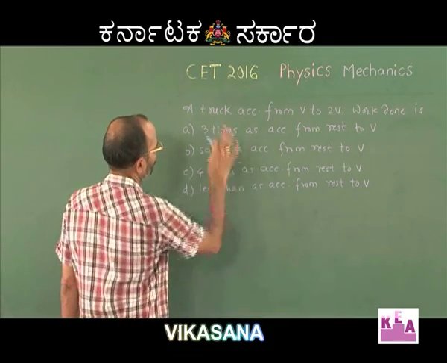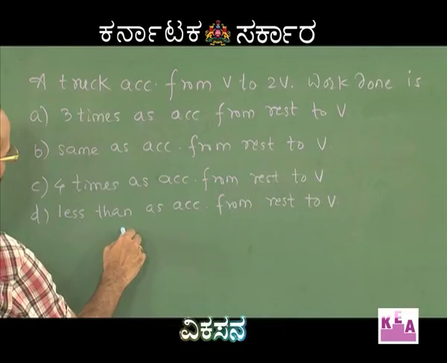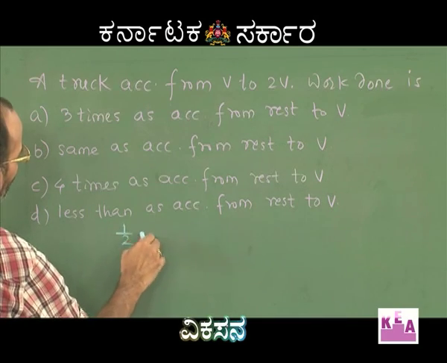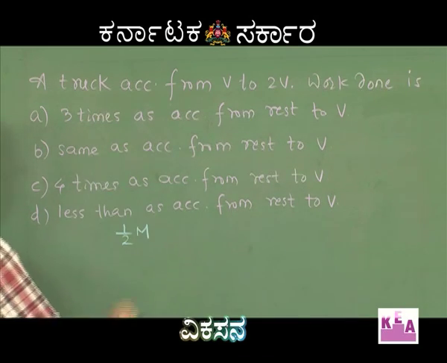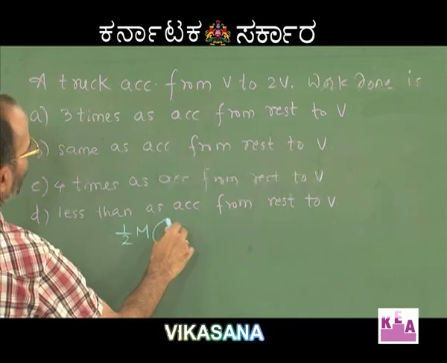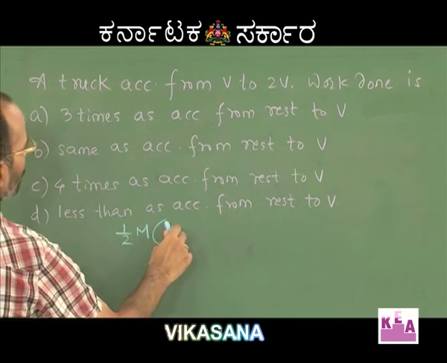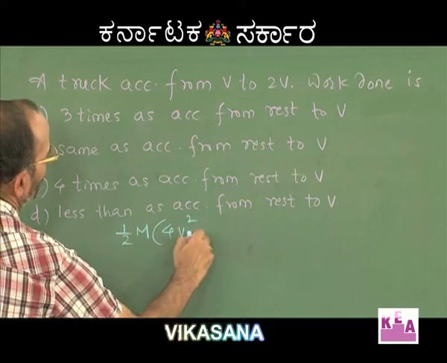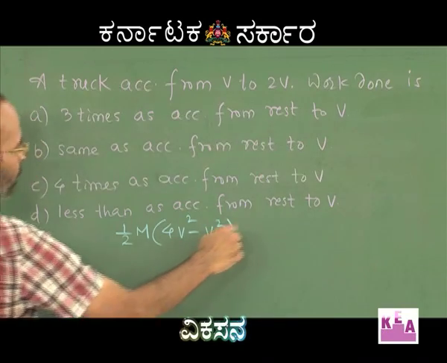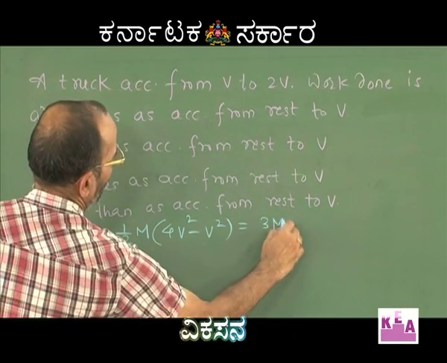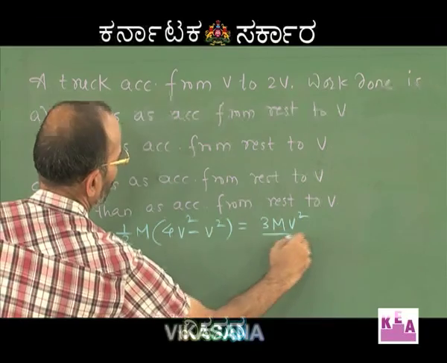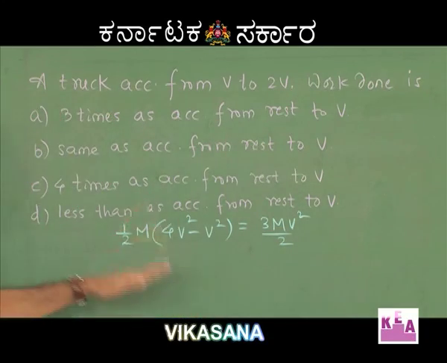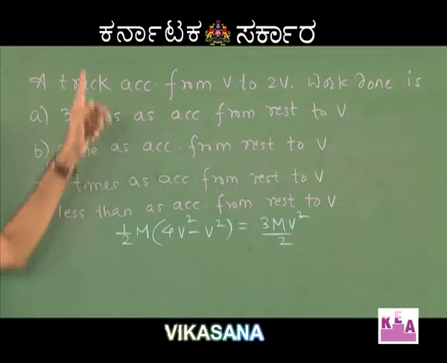So, in the first problem statement, the change in the kinetic energy will be half, say capital M stands for the mass of the truck, into the change in kinetic energy, means final minus initial. So, half M 4V square minus V square, that gives you 3MV square divided by 2. So, this is the change in the kinetic energy of the truck in the given statement.